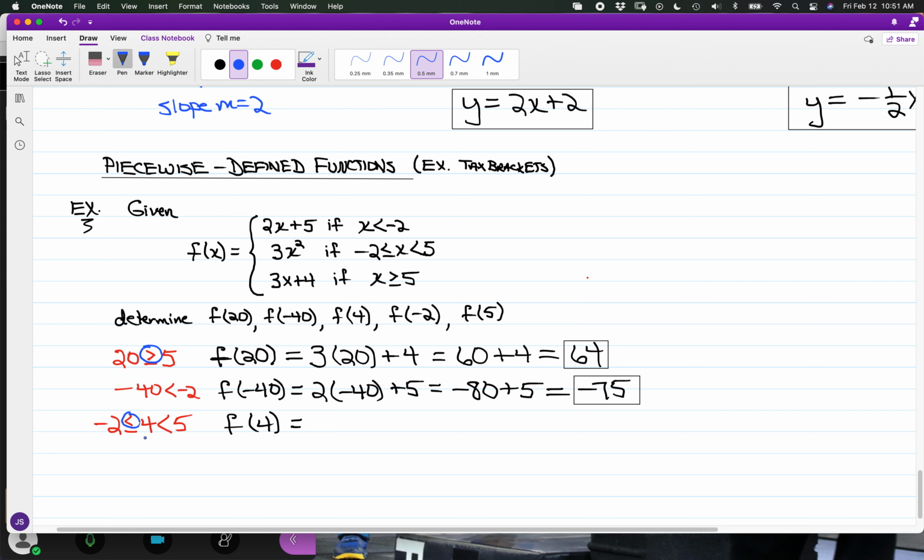And with x at 4, 4 in turn is less than 5. And so we're going to use the 3x squared part of f of x. So for 3x squared, we're going to have 3 times the square of 4. 4 squared is going to be 16. And 3 times 16 comes out to 48.